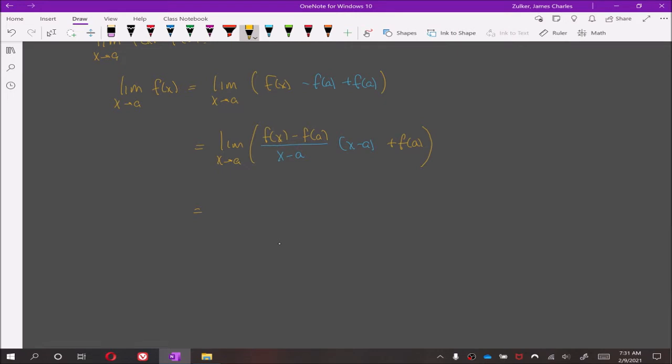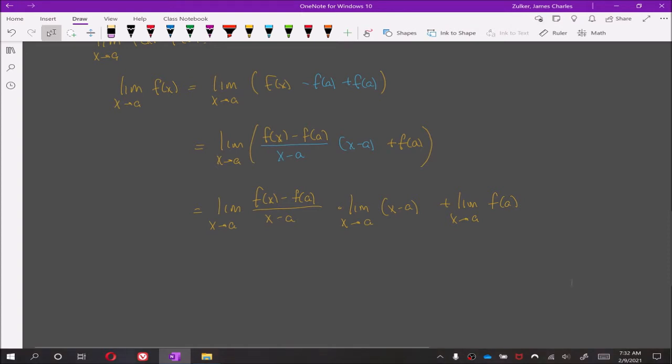This becomes the limit as x approaches a of f of x minus f of a all over x minus a, times the limit as x approaches a of x minus a, plus the limit as x approaches a of f of a. Right, this is the product rule of limits. This is the sum rule of limits.